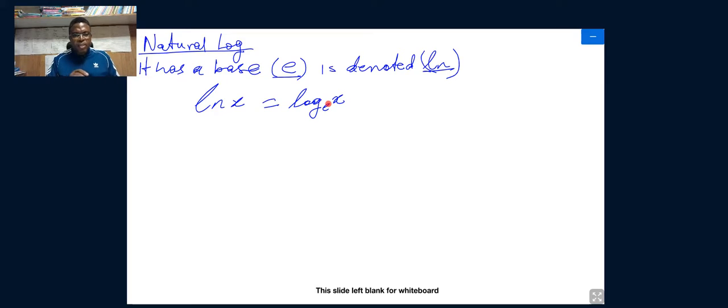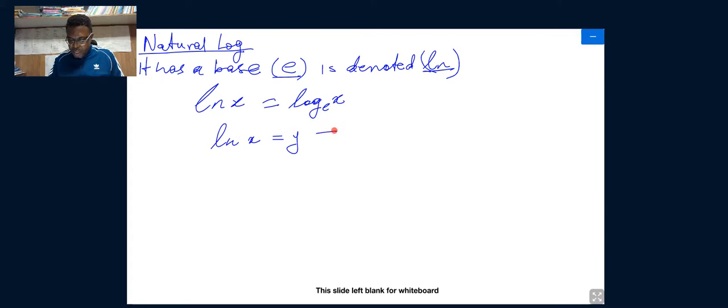What about the natural log of x? What does it mean? Well, we go back in the same way that I explained the log of something with a base in terms of exponential notation. ln x equal to y.